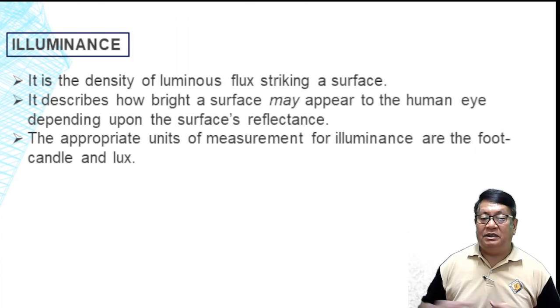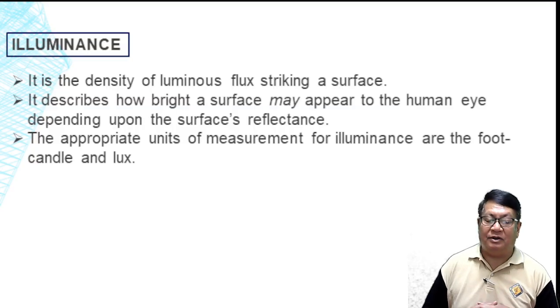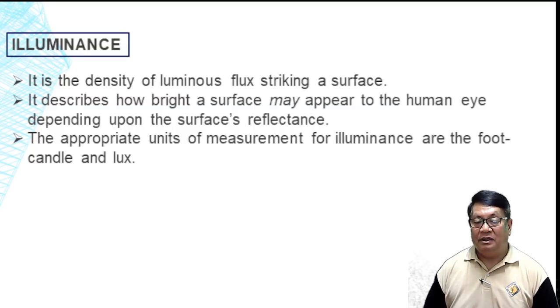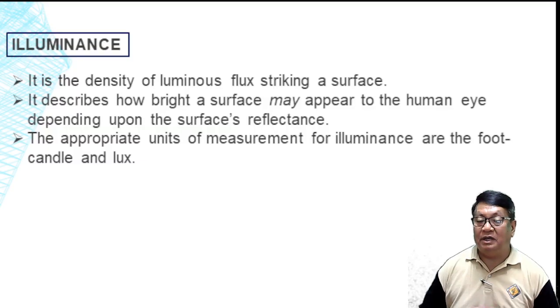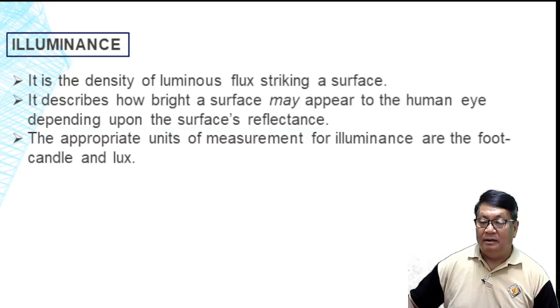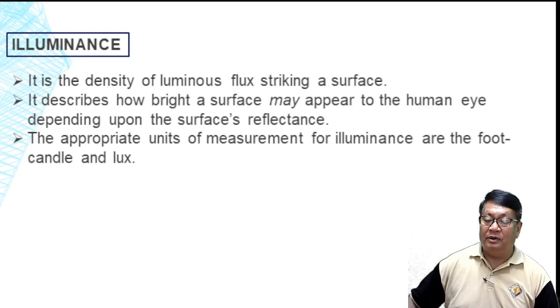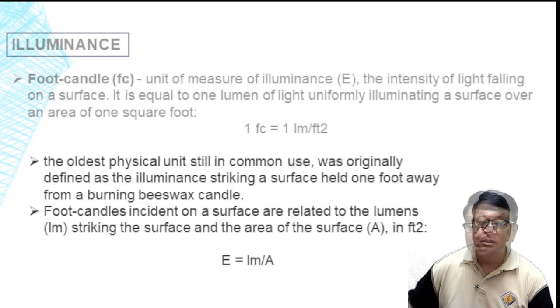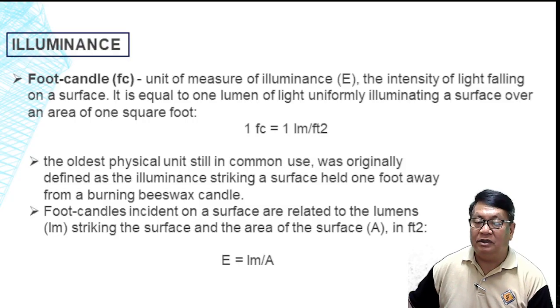Okay, so illuminance is the density of luminous flux striking a surface. Okay, so this describes how bright a surface may appear to the human eye. Okay, appropriate units of measurement for illuminance are the foot-candle or lux. So we have this foot-candle unit of measure for illuminance.